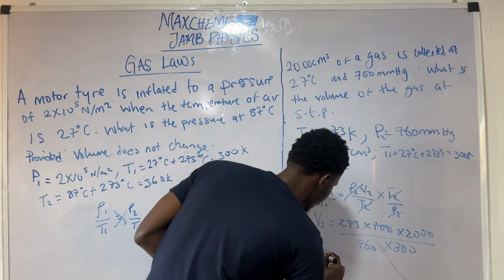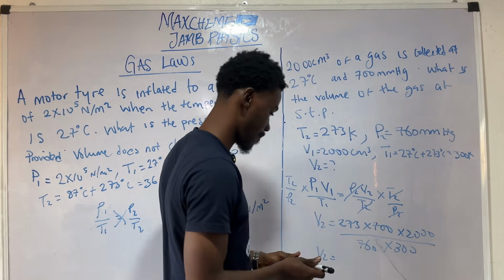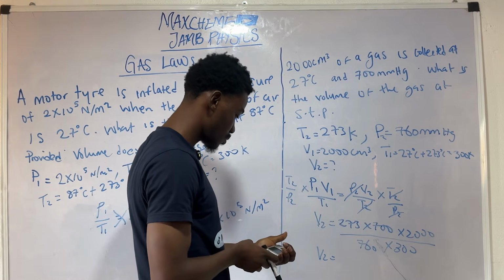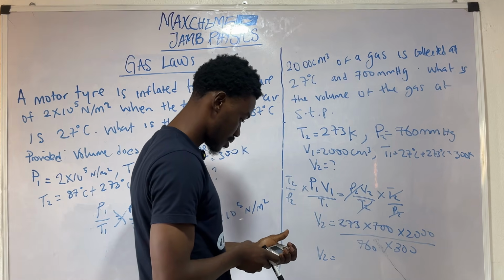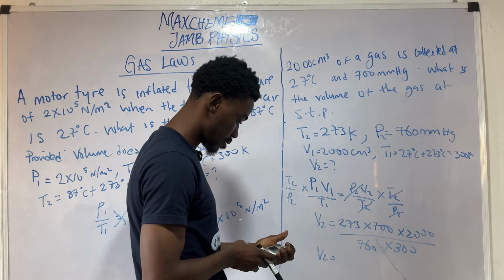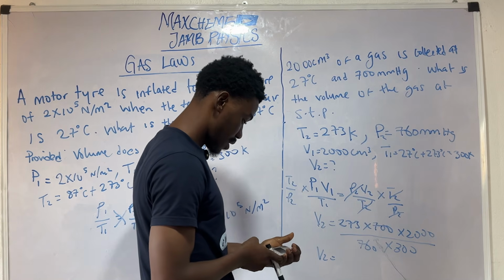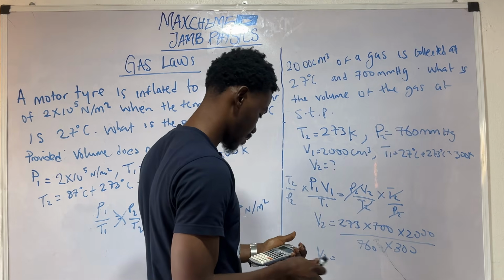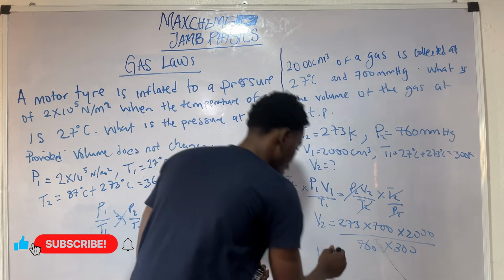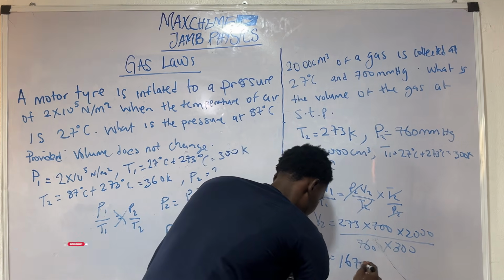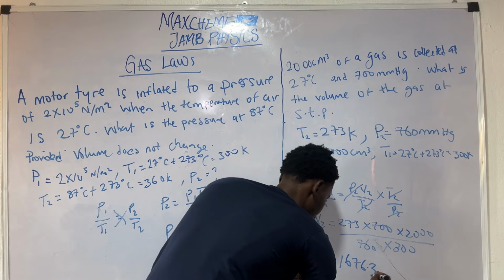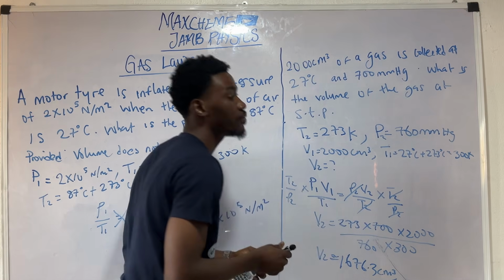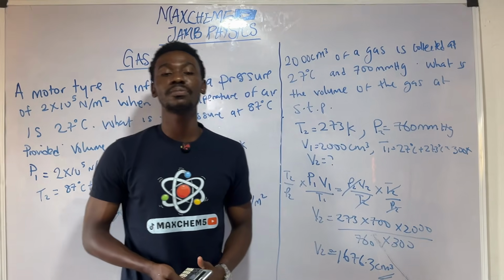So 273 multiplied by 700 multiplied by 2000 over 760 multiplied by 300 gives me approximately 1676.3 centimeter cube.